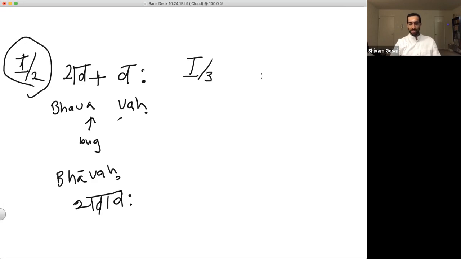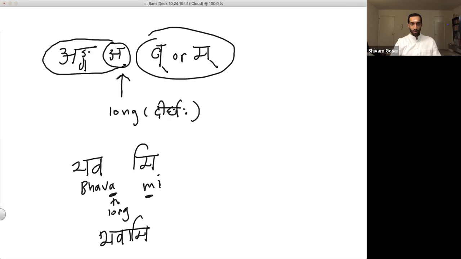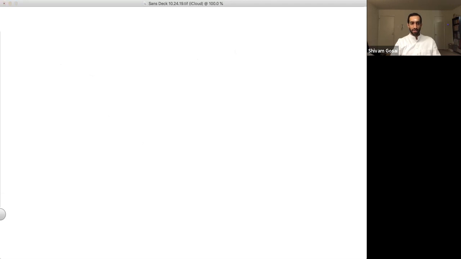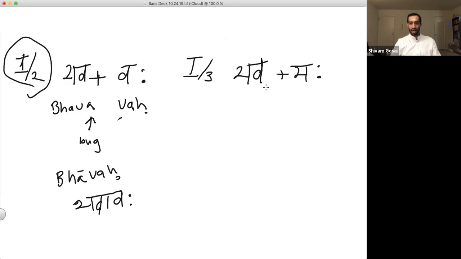Okay, now first person plural, I have bhava plus maha. Now let's look at this rule again, right? It says when akara at the end of anga is followed by va or ma. So here I have bhava plus ma. So there's a makara. So it becomes long. So bhavamaha.